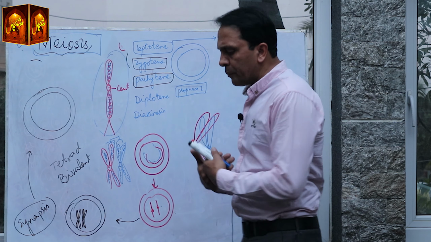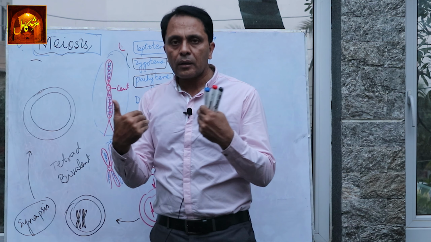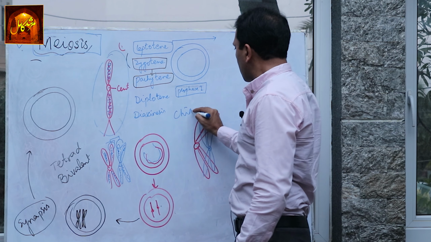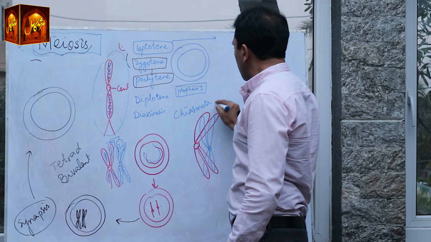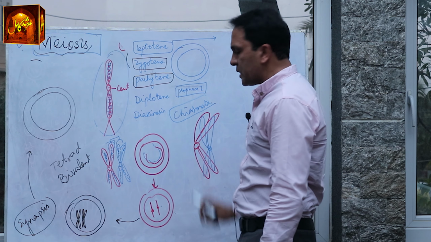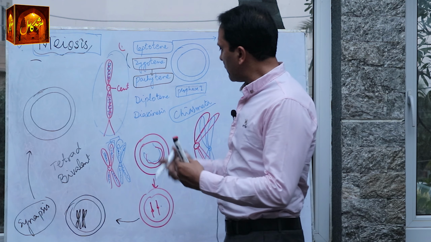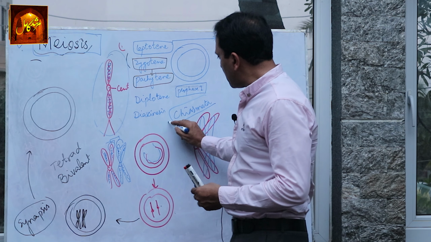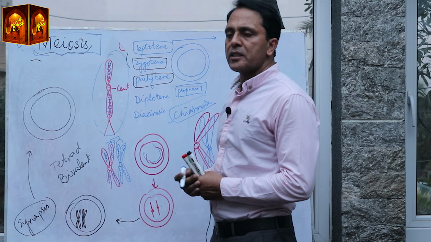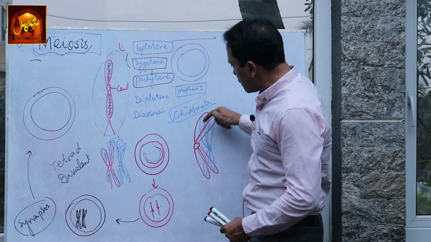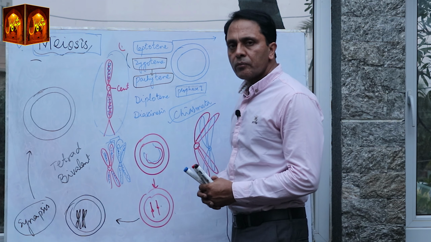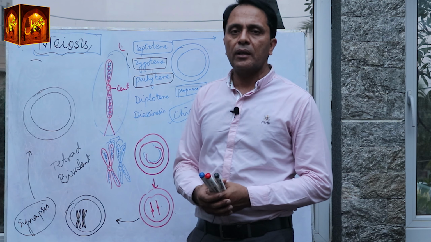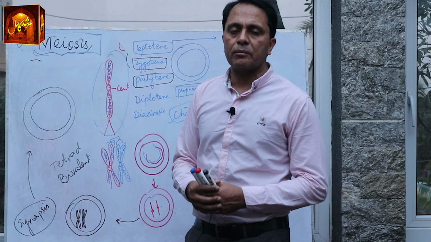During this overlap they make chiasmata connections. The positions where they overlap make chiasmata. These are the junctions, the links where the chromatids or chromosomes will reshuffle their genetic material and interchange it.